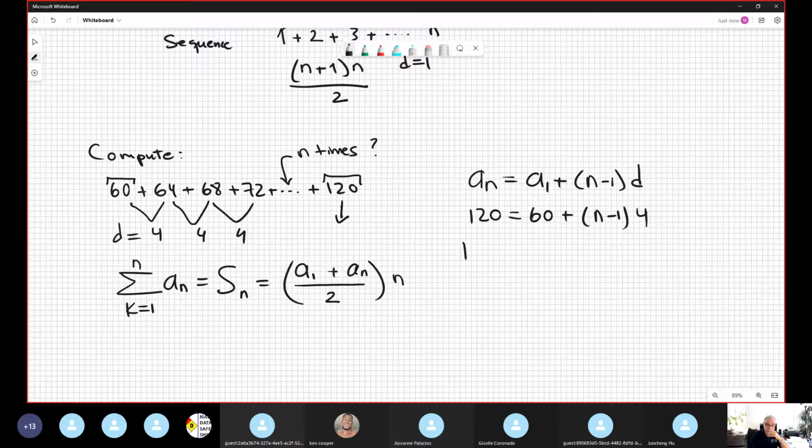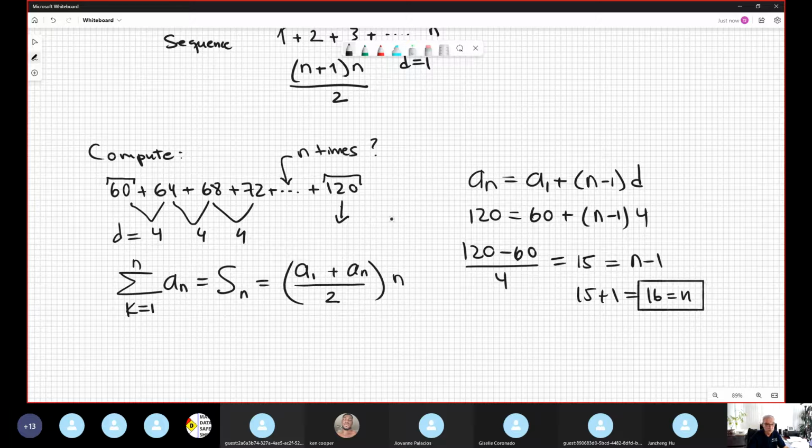You subtract 120 minus 60 divided by 4. Well, let me use the calculator. 120 minus 60 is 60. And 60 divided by 4 is 15. And 15 is equal to m minus 1. Therefore, solving for m, 15 plus 1 is 16. Actually, this summation is, in this specific example, from 1 to 16.